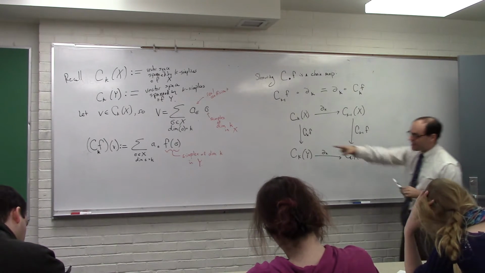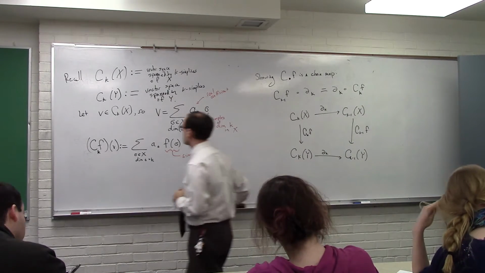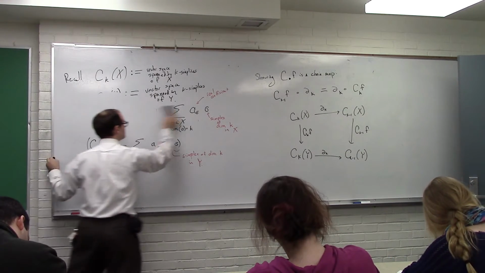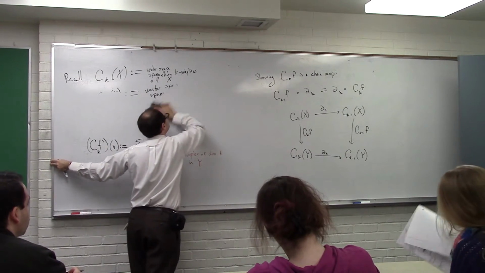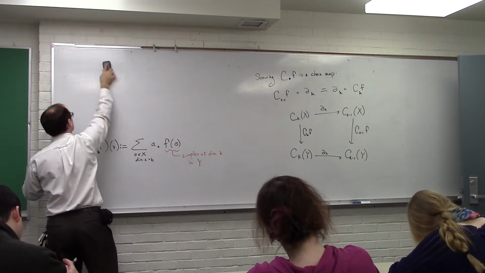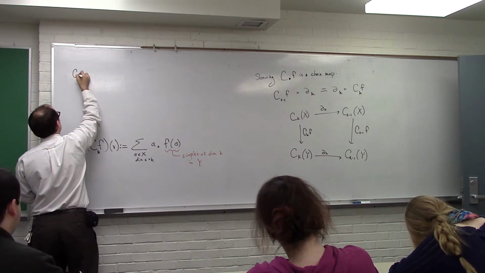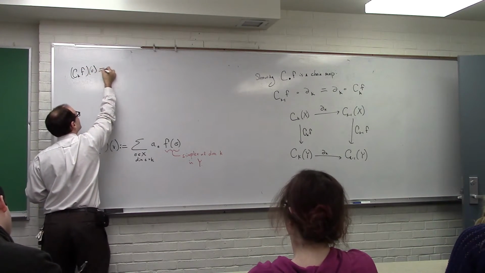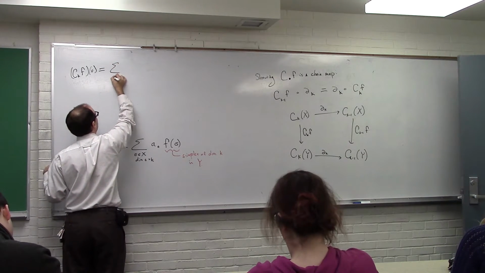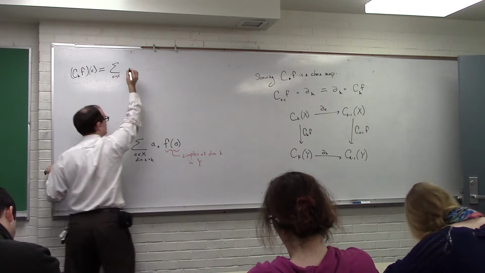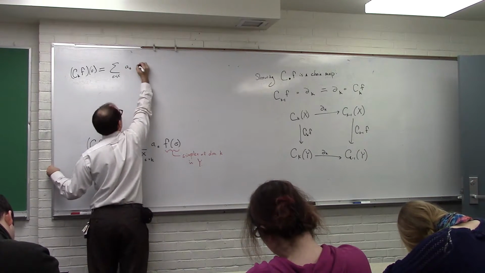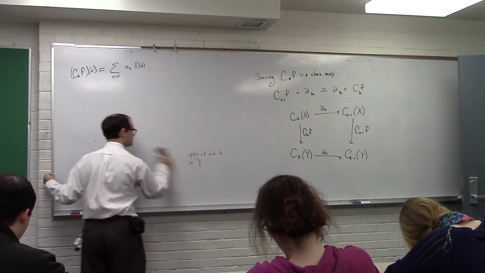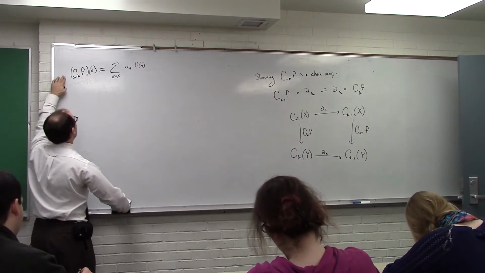Okay, so now I'm going to take my definition here and make use of it with the various boundary maps. Okay, so here we go. B is this guy, sigma in X, a sigma. Okay, so that's what we know.